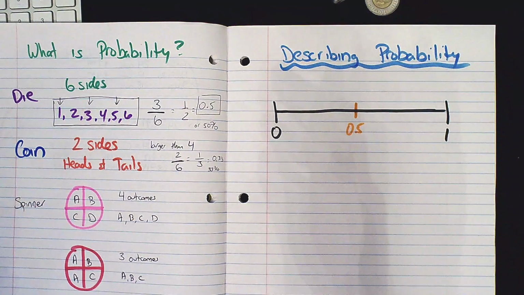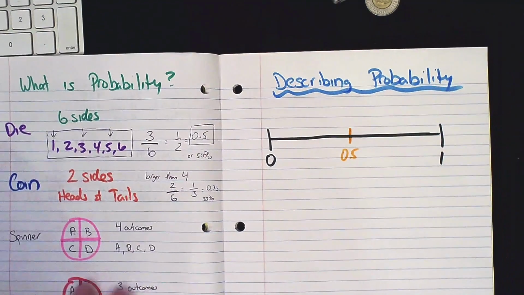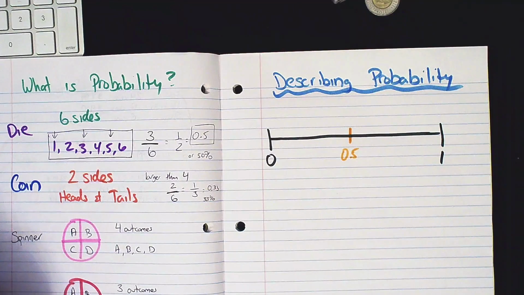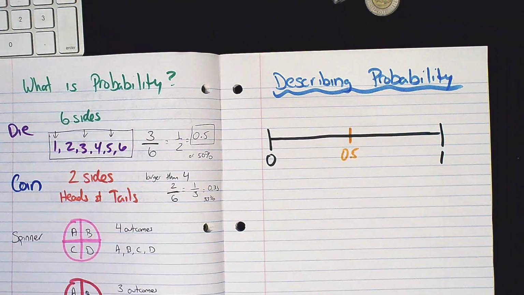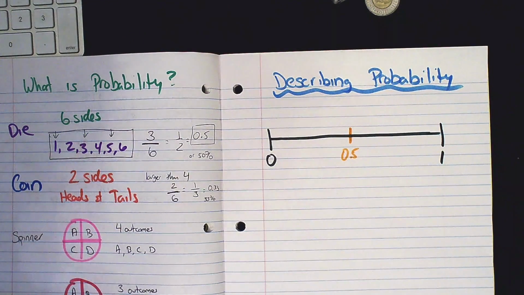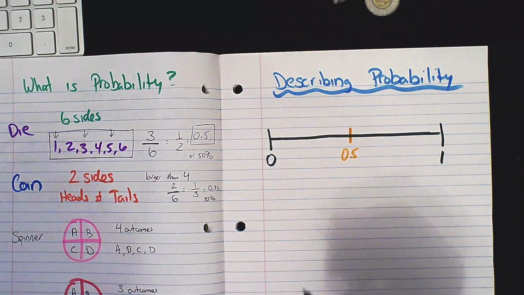Another way to describe this is by saying you have an equally likely chance to roll an odd number and not roll an odd number, or in other words, to roll an even number, you would have an equally likely chance.